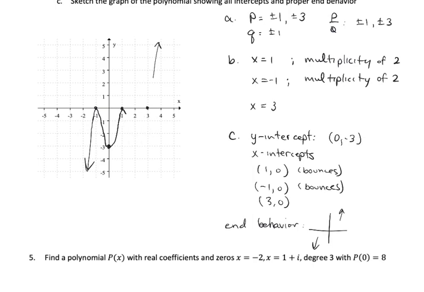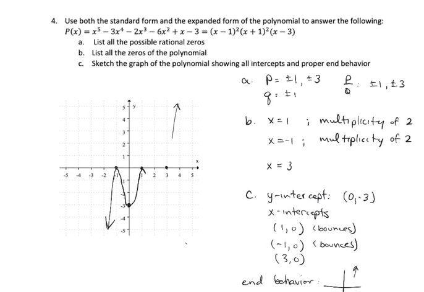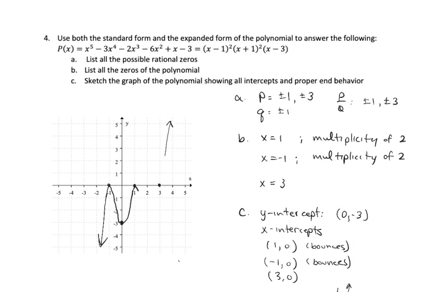So when x equals 2, we're going to plug 2 in for x right here. We've got 2 minus 1 squared, so that's 1 squared. Then we have 2 plus 1, that's 3 squared. And then 2 minus 3 is negative 1.